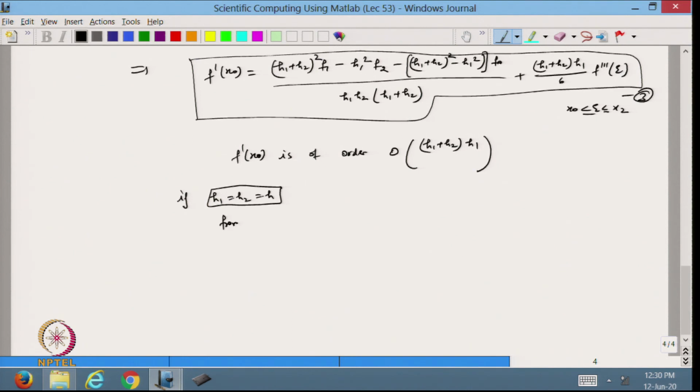So from equation number 3 we get f dash x naught. Now, this will be h1 plus h and h square.